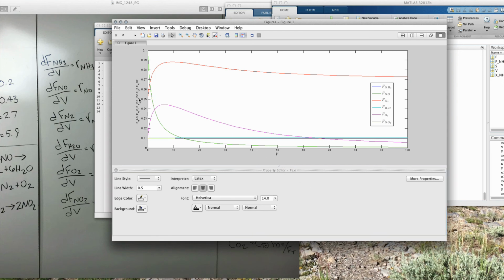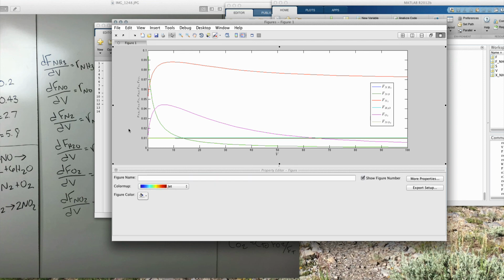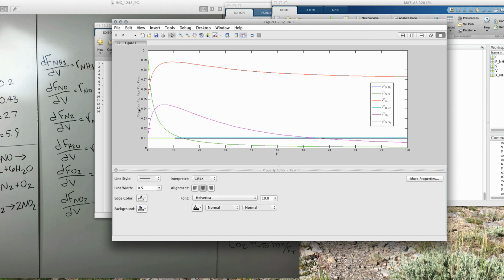And then I want to mess with the y-axis. So if I go back, well, first I can mess with the font a little bit. Change that to LaTeX. And then I have kind of the same thing as the legend, so F NH3. Then you can see that looks pretty nice now.